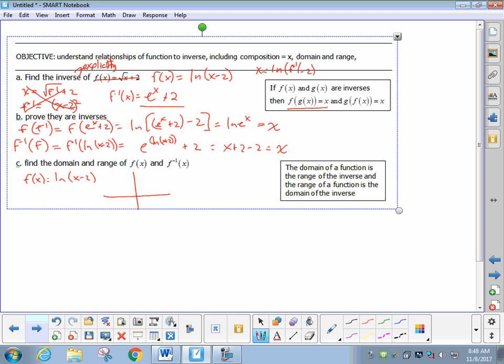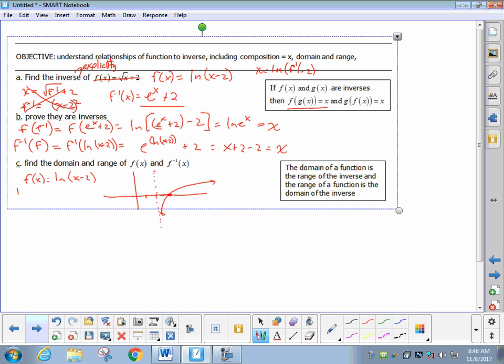And then which way? To the right 2. You should focus on the vertical asymptote being shifted right 2. And that x-intercept, which is normally at 1, will now be right 2, so it'll be at 3. And so the graph of f looks like that.